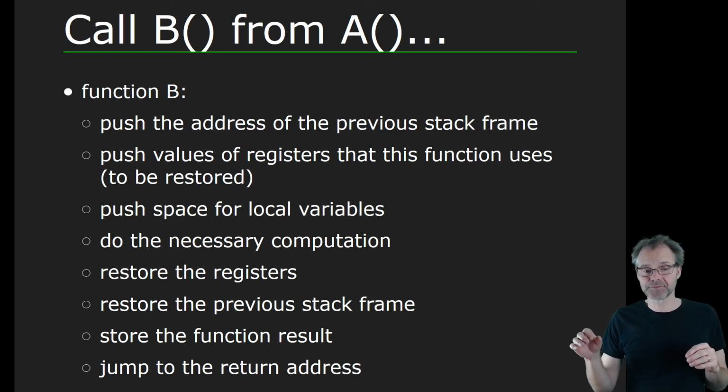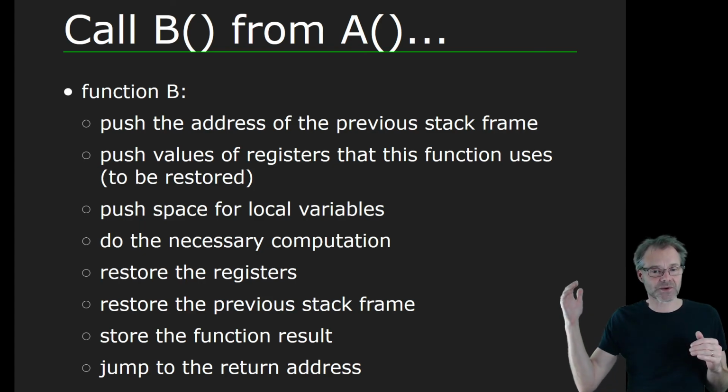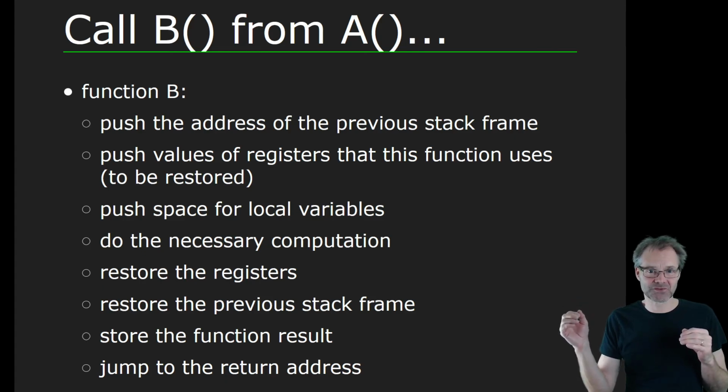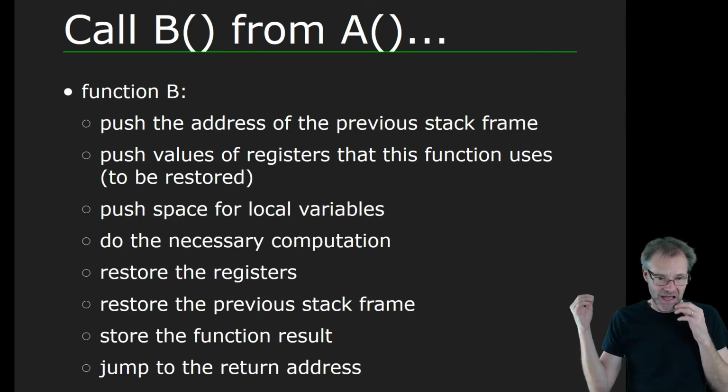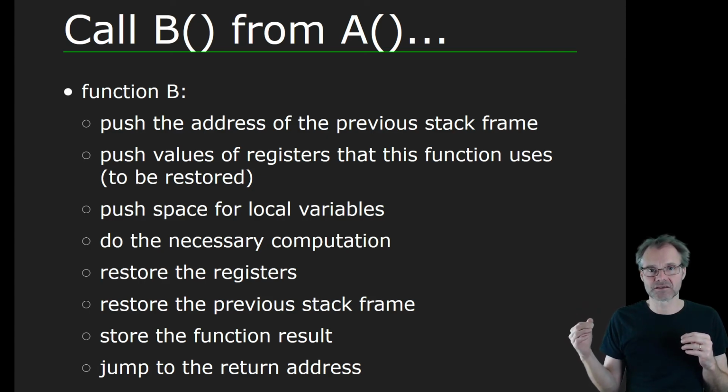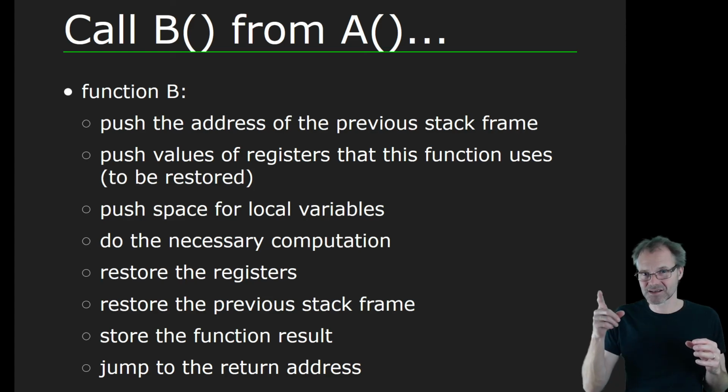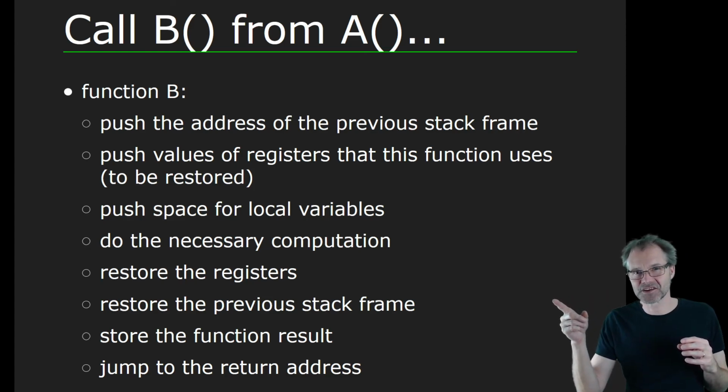And then I'm done. I'm preparing to leave, so I'm going to restore the registers. I'm going to restore the previous stack frame, which prepares me to jump back to A. I'm going to store the function result, the return value, and then I'm going to jump to the return address that was available on the stack for me.